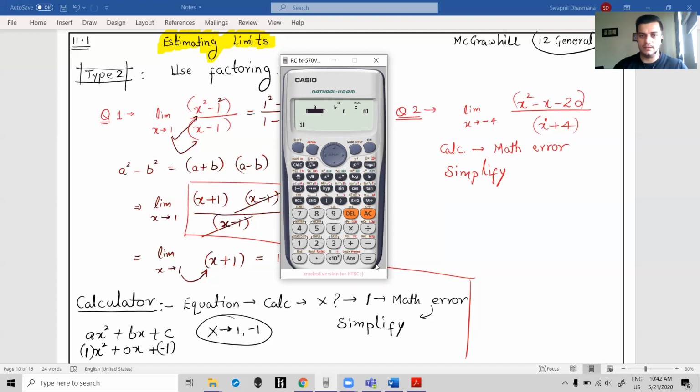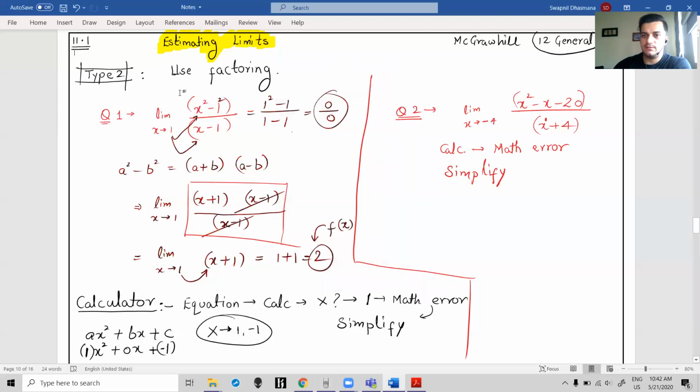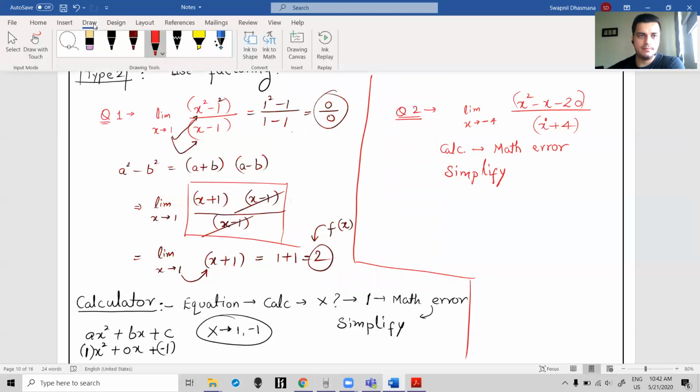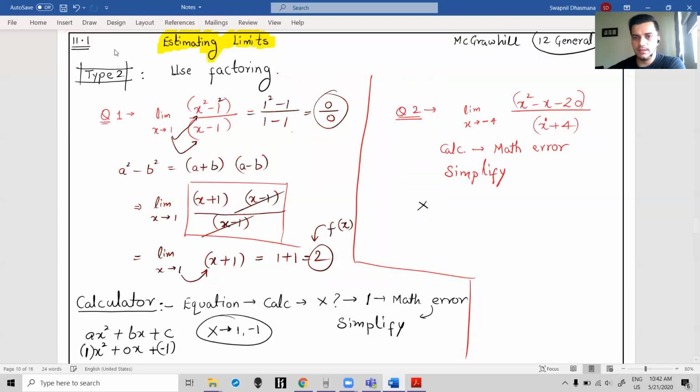There is no coefficient, so it's 1 by default. The value of b is minus 1. The value of c is minus 20, negative 20. When I get that, I get x1 as 5 and x2 as minus 4. So from here, I'm getting x values as 5 and minus 4.